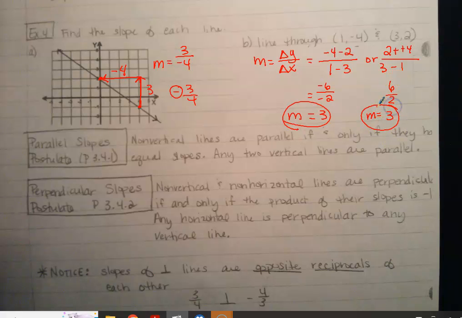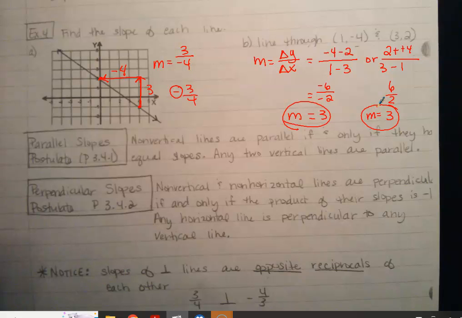See, either way, the slope is the same. Okay, so it doesn't really matter which order you subtract them in, because now you can work with positive and negative numbers. So it's going to get the same either way.